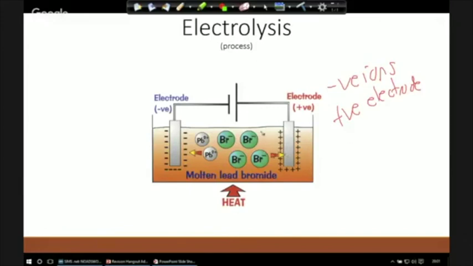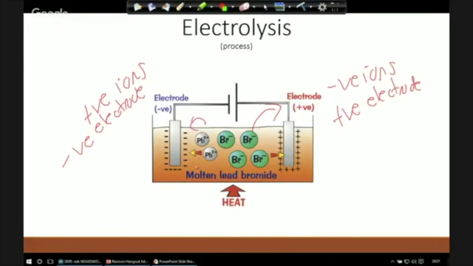We have ourselves the negative ions moving across. On the negative electrode, we have the positive ions, which are attracted to this negative electrode. In other words, we're having a gain, reduction. Reduction is our gain of electrons.